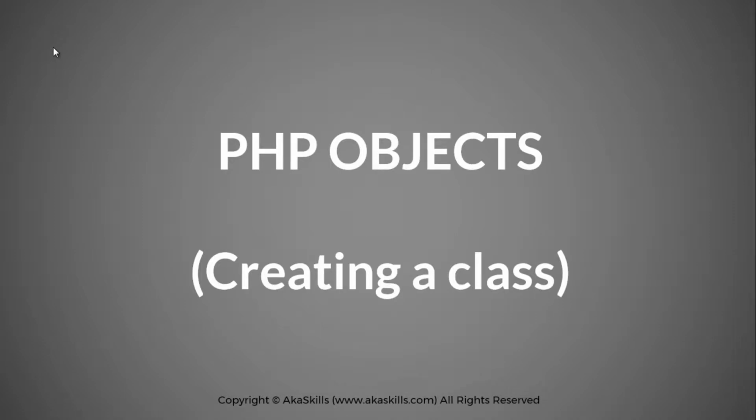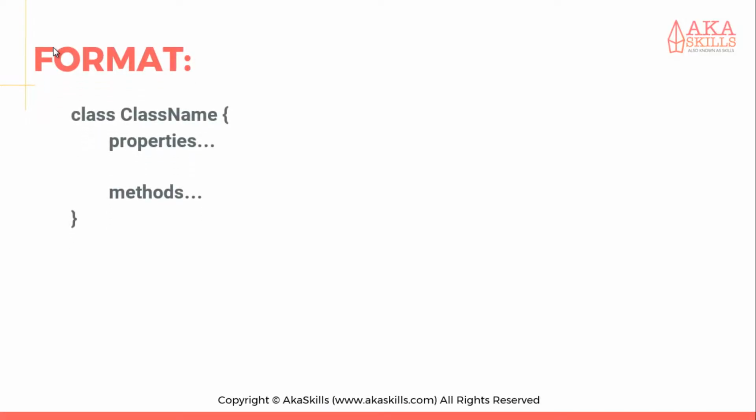So how do we create a class in PHP? Very simple. All you need to do is say class. Now class will be followed by the name of the class. Customarily, class names start with uppercase.